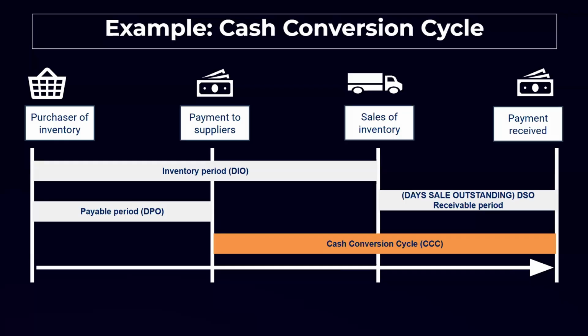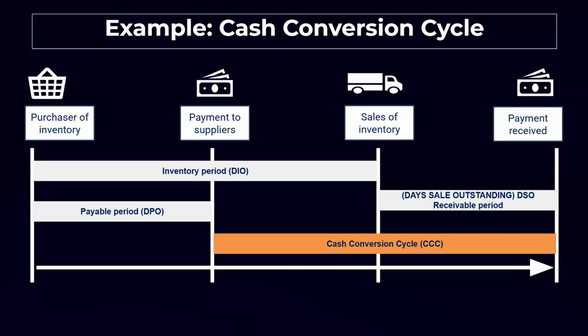In the second image, they pay their suppliers, and let's say on day 30, they have sold their inventory to their customer, and after 30 days of sales, they are able to collect their payment from their customers.